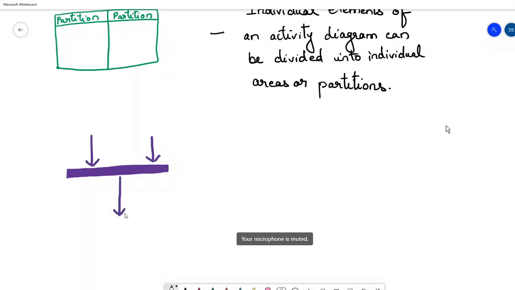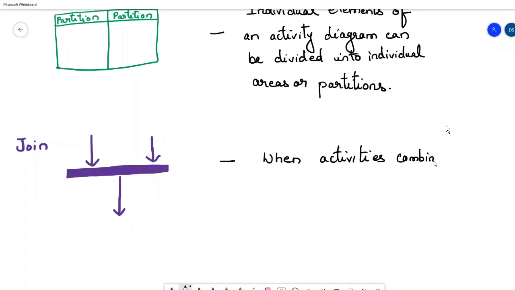Okay, so this is called join. When activities combine to have a single activity, then we use this symbol.